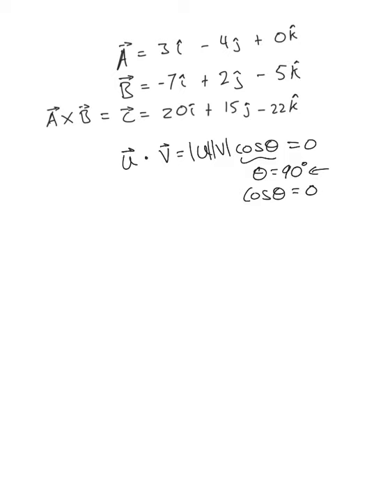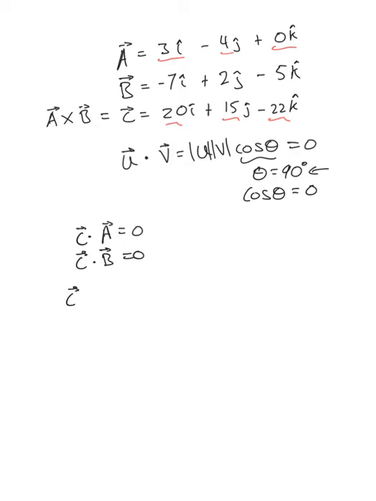So what we would expect is that if we took C dot A, that would be 0, and we would also expect that C dot B would be 0. If this is true, then C is truly perpendicular to both A and B. So let's check. Well, C dot A, remember when we take a dot product, we multiply the i hat components by the i hat components, add the j hat components multiplied by the j hat components, and then add the k hat components multiplied by the k hat components.